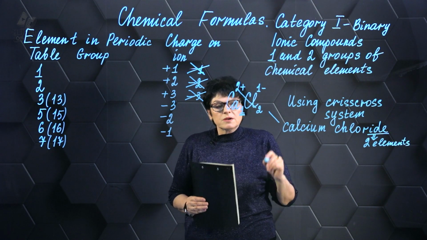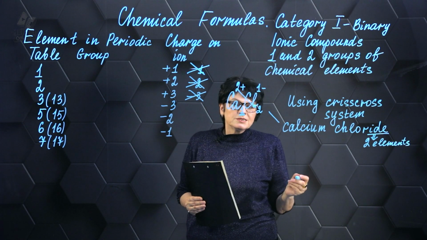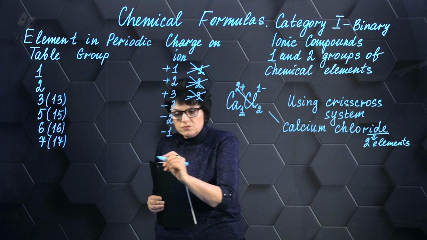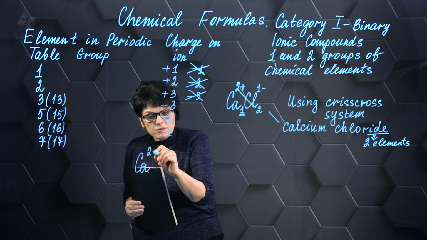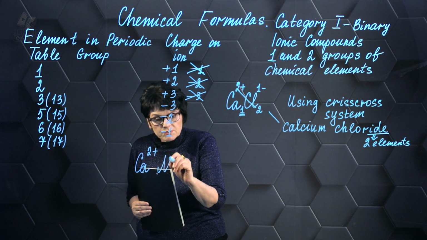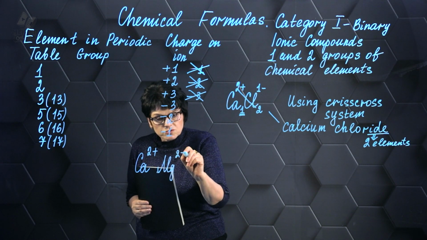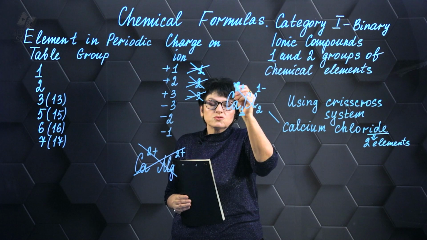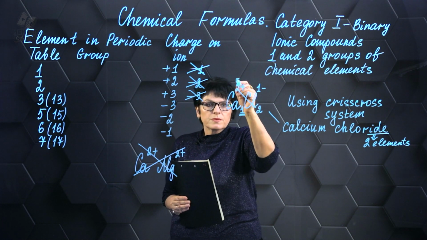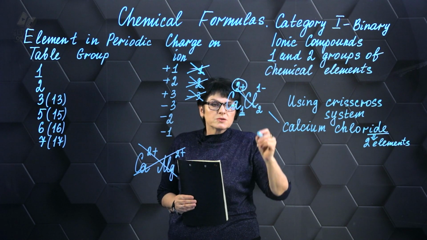Now I'd like to explain to you how not to formulate formulas. It is not possible to place calcium 2+ in the initial position, for instance, and magnesium 2+ in the subsequent position. That formula will be totally wrong. First and foremost, it absolutely has to be a plus. It's always in first place.